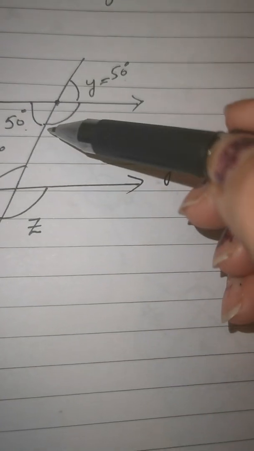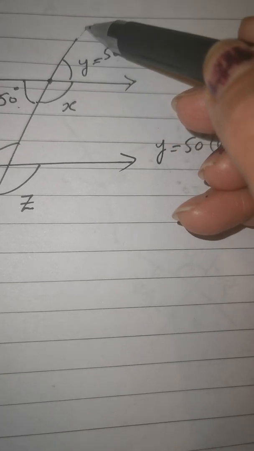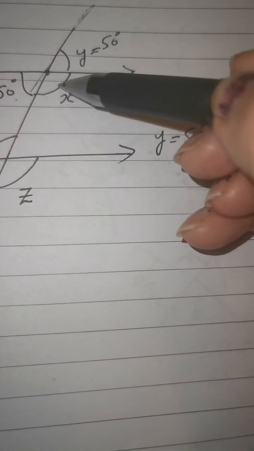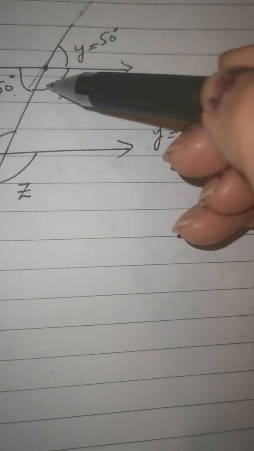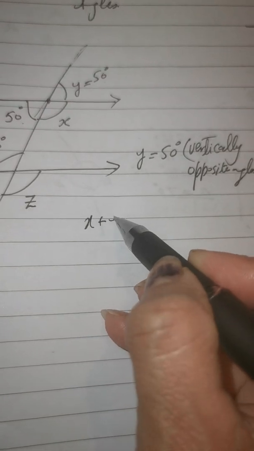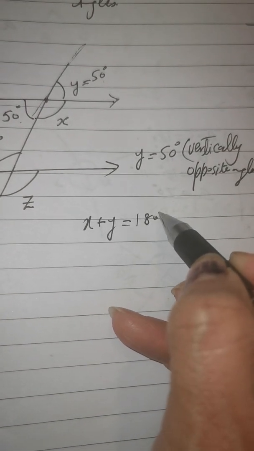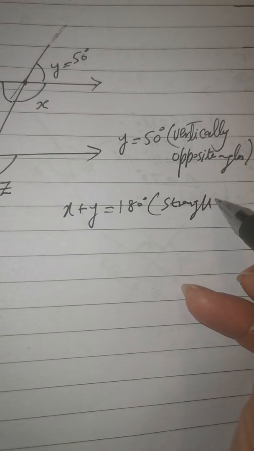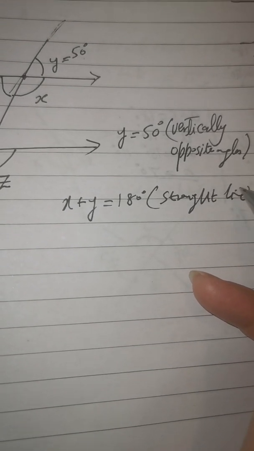Now by using this definition that angles on a straight line sum to 180 degrees, I am using that definition. X plus y is equal to 180 degrees, straight line. You will write here straight line.